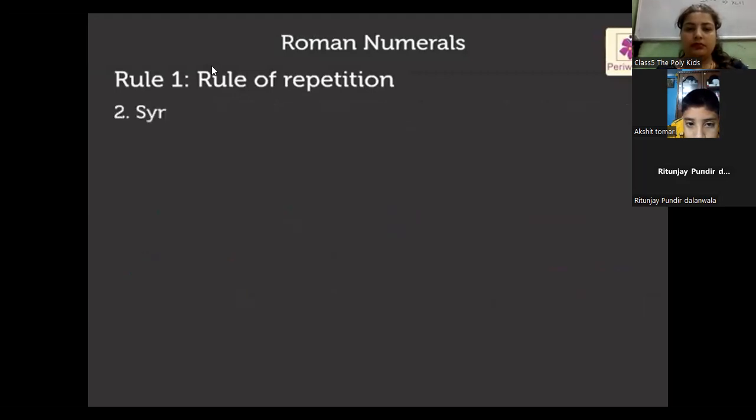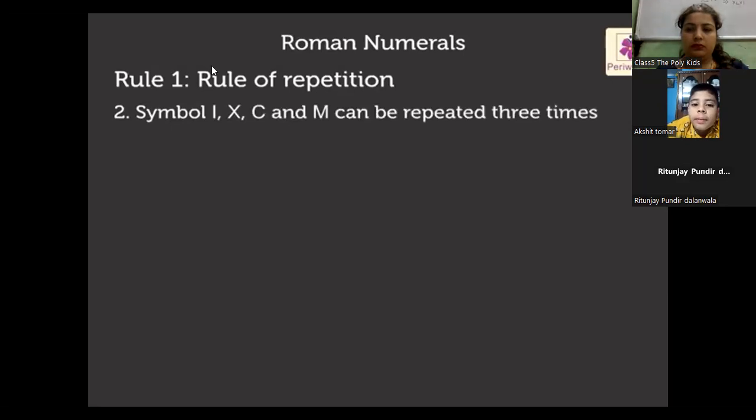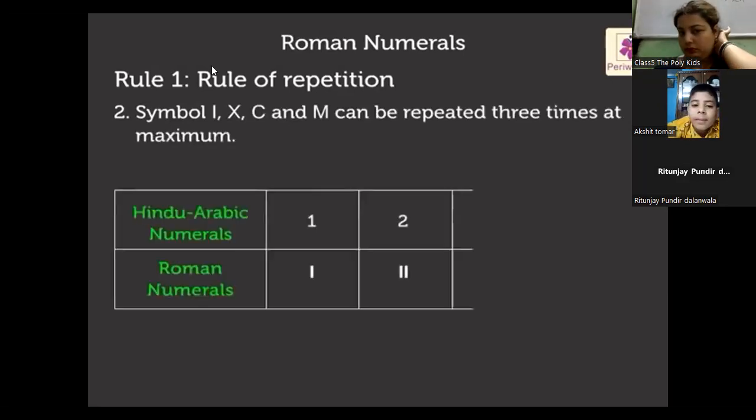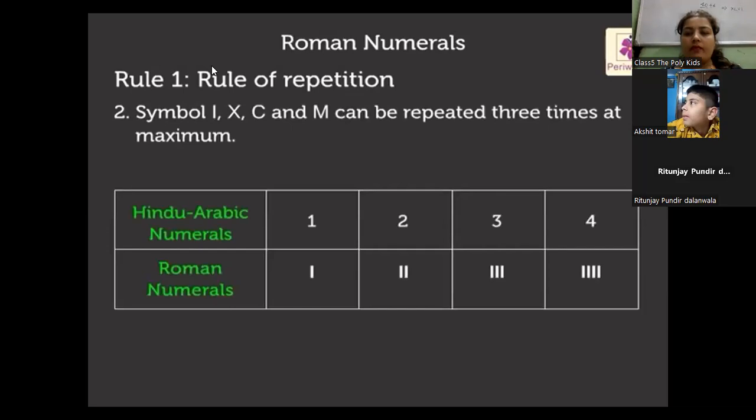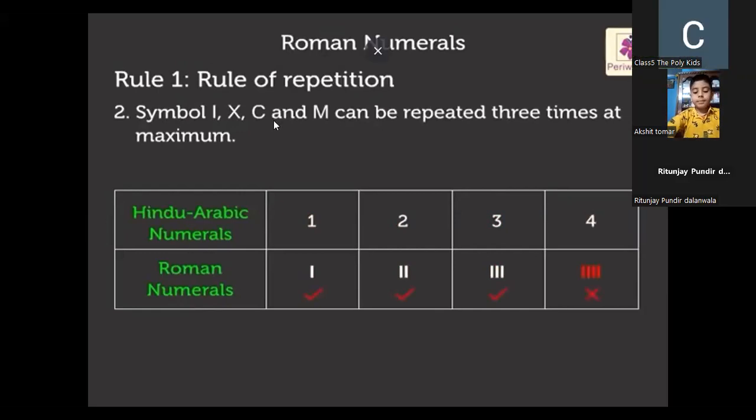2. Symbols I, X, C and M can be repeated 3 times at maximum. For example, we can write 1 as I, 2 as II, and 3 as III in the Roman system, but we cannot write 4 as IIII. 3.